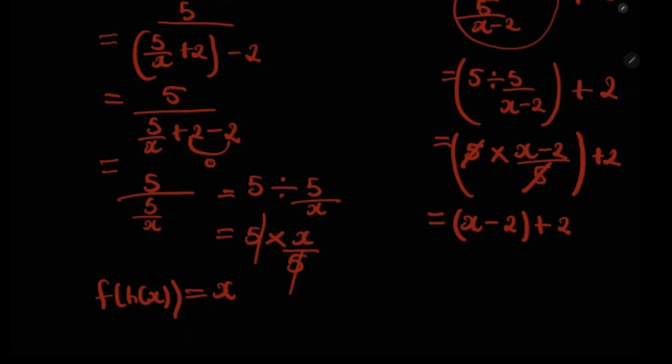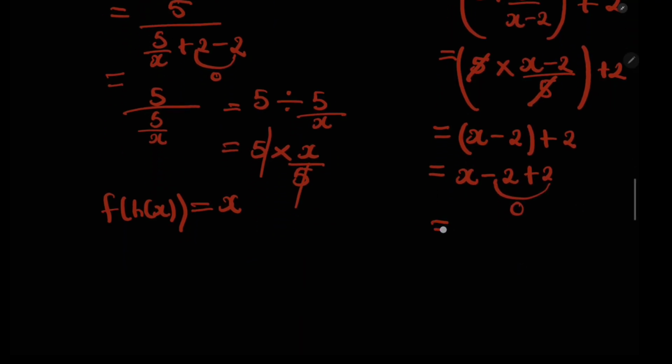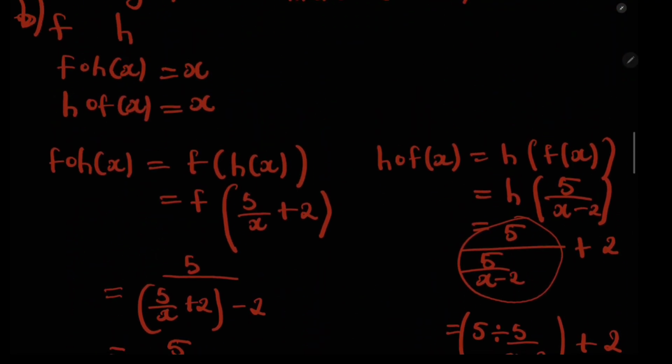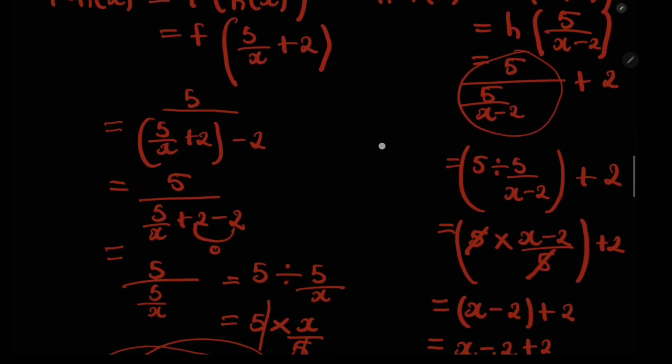Now let us open our bracket. So we have x minus 2 plus 2. We can already see that this gives 0, so we are left with x. And that is it. Our h of f of x is also equal to x. From there we can conclude that f of x and h of x are inverses of each other.